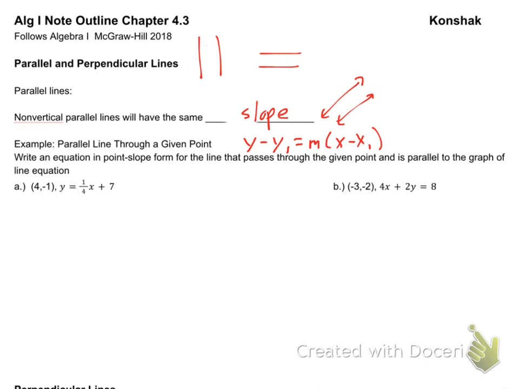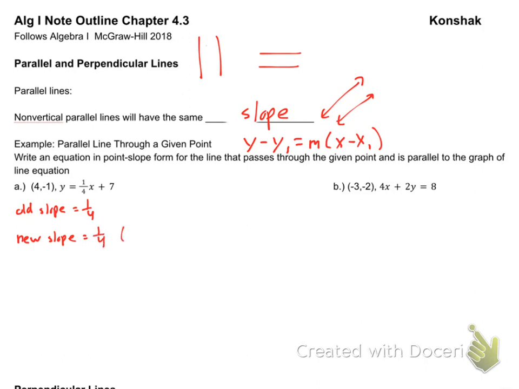See, here's a really cool thing. Sometimes I'll even trick myself and say old slope equals 1/4. And then I'm going to say, what's the new slope of the new line? And then you start thinking, wait a minute, if they're parallel, it has to be the same.